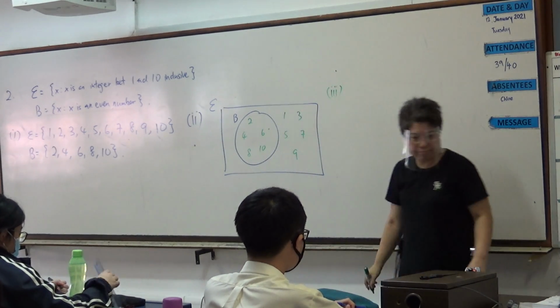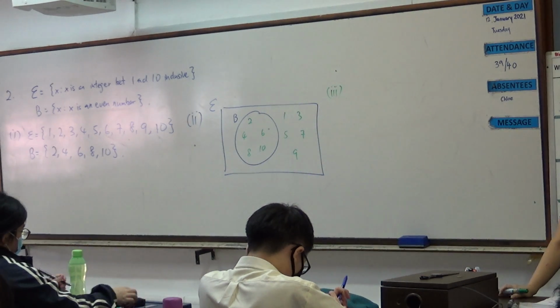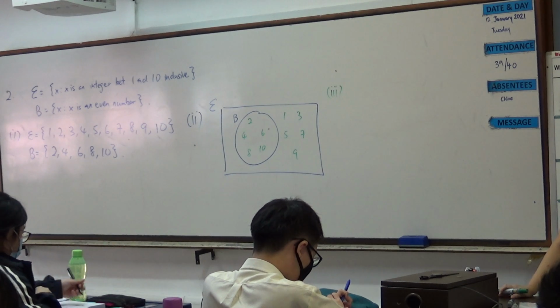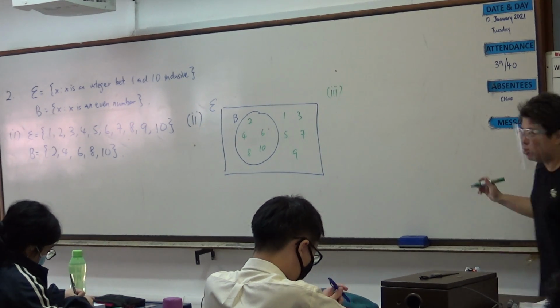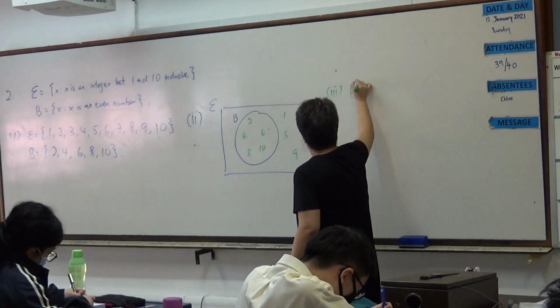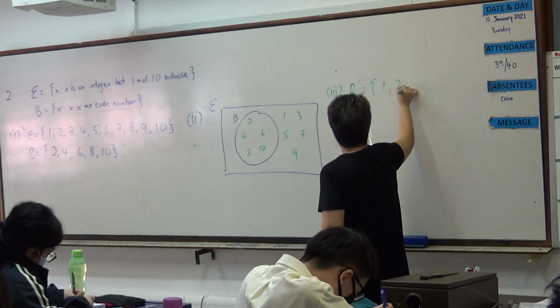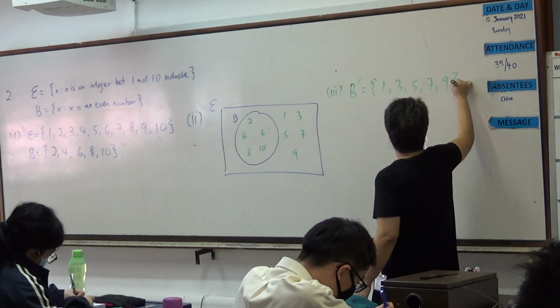Part 3. From the Venn diagram, list all the elements of B complement in set notation. This B complement will be 1, 3, 5, 7, 9.